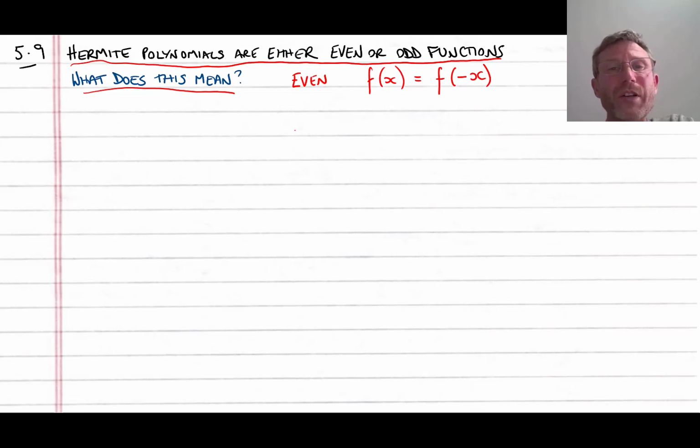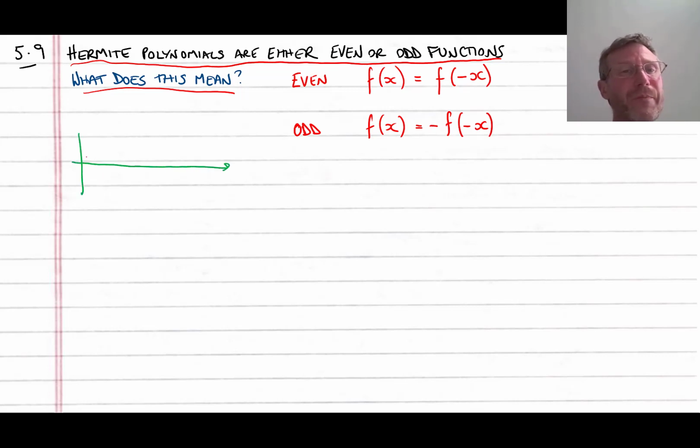Odd functions are slightly different, and they're defined as follows. I get minus the function when I change the sign on the value of x I plug in here. I think this is best explained with some examples. So let's look at a couple of examples. First of all, let's look at a sine function. So here's our sine wave.